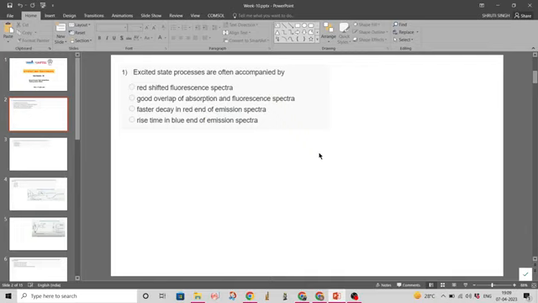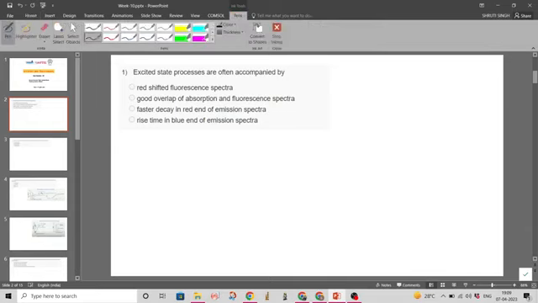So now when the excited state phenomena happens, how do we get a signature that something is happening in the excited state?